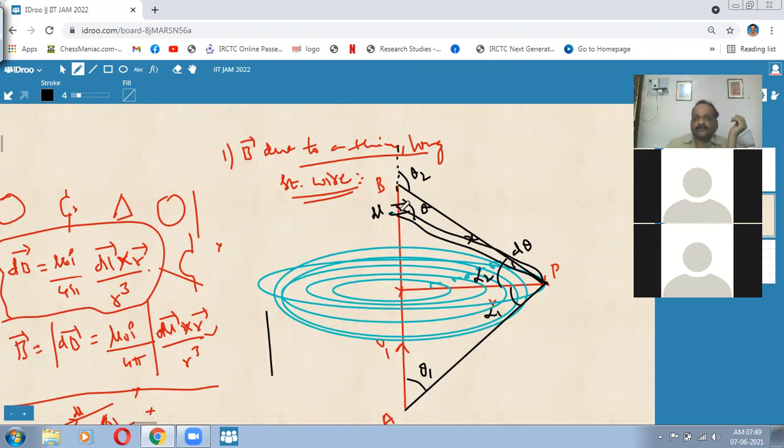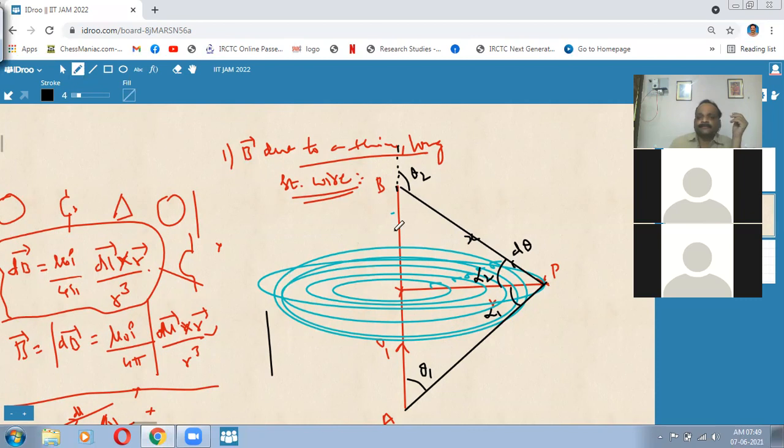Here I have taken a small element. This angle is theta 2.